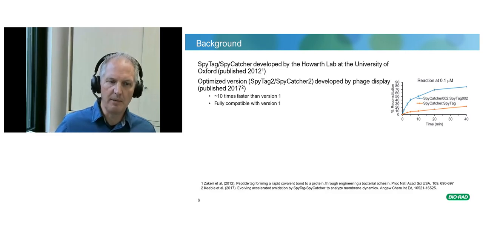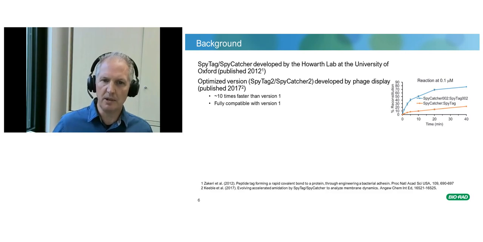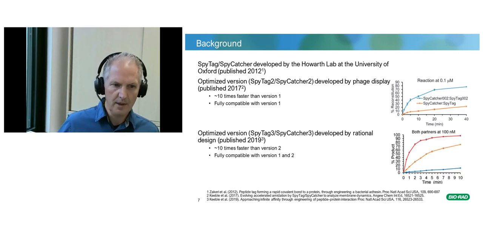And they claim that it's about 10 times faster than version 1, but it's still fully compatible. And here on the right, you can see a diagram which clearly shows that the reaction is faster and you get more ligation product with a version 2.